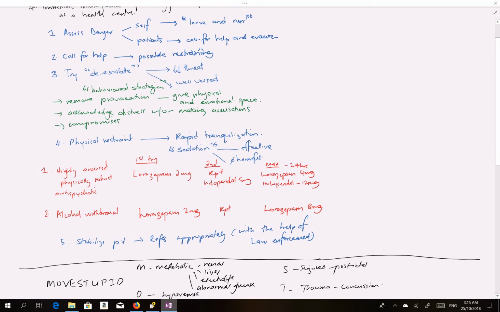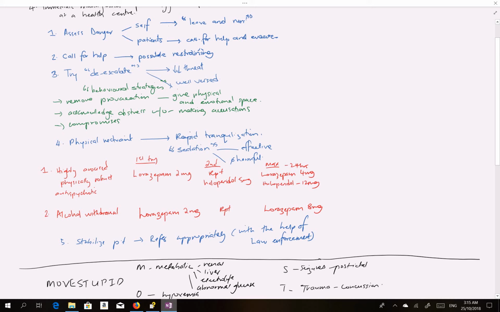The fourth step is, once you've de-escalated enough and you've seen that the patient has calmed down, you could ask someone to just hold the patient, or if the patient hasn't calmed down and is still aggressive, but you've gotten help and people have restrained them. So this is the physical restraint part.